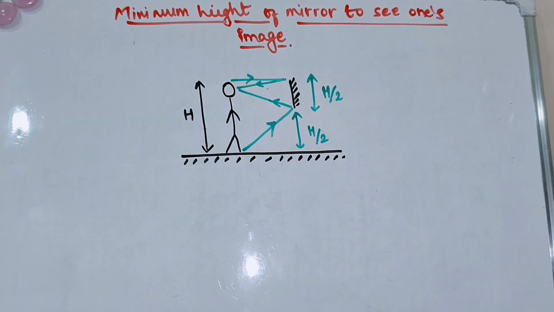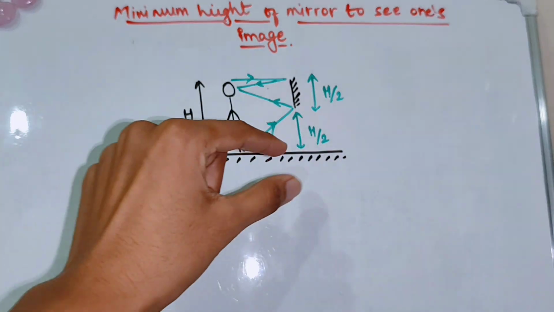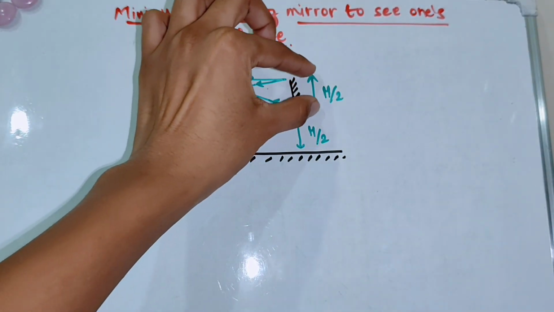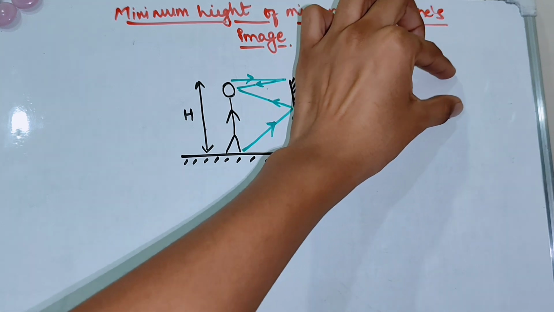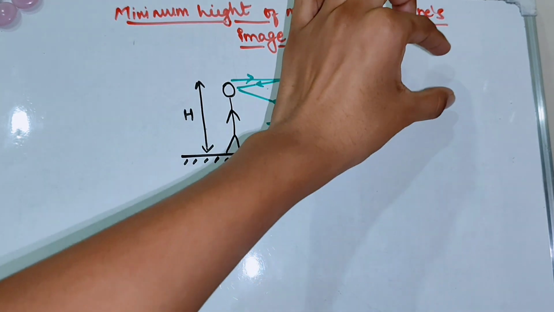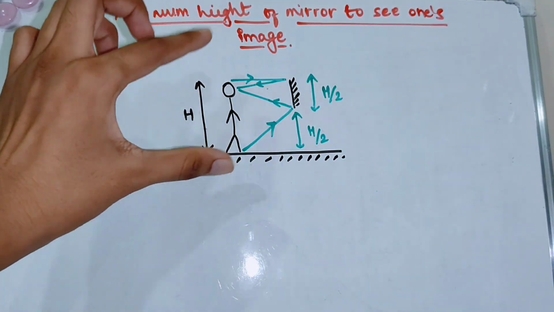One also important interesting point is that there is only a vertical height constraint to this topic, that it has to be at h by 2 height and of h by 2 length. You can take the mirror all the way over here, but still if it is of h by 2 length and kept at h by 2 height, then you will be able to see your whole image.